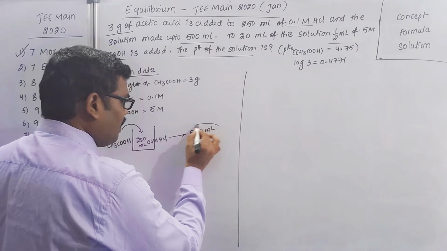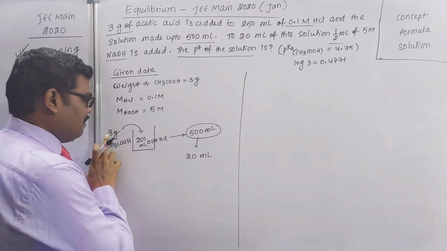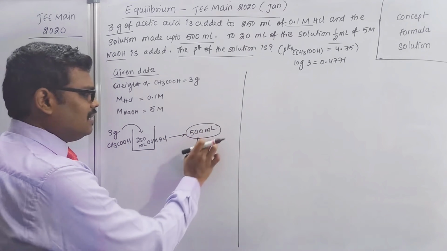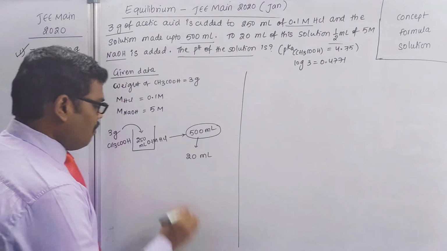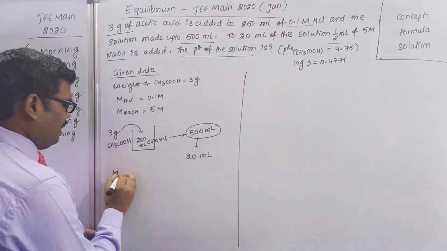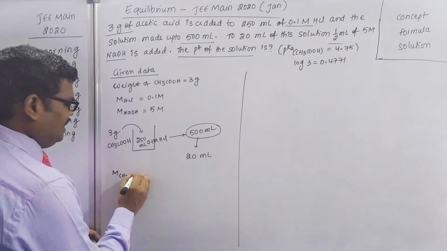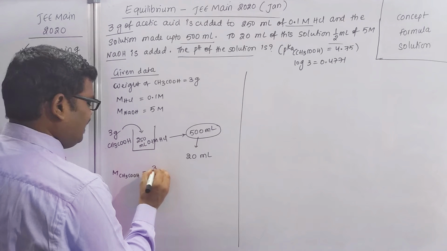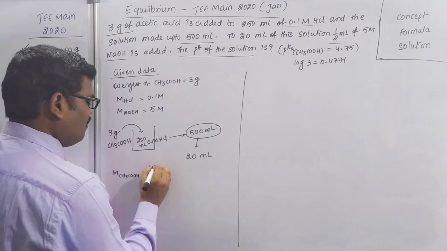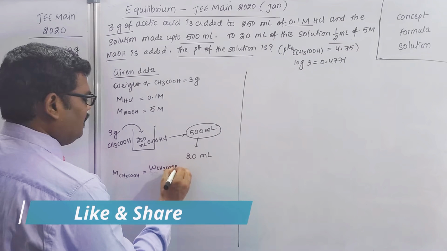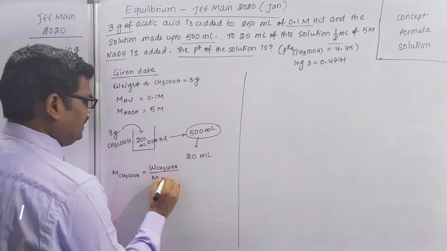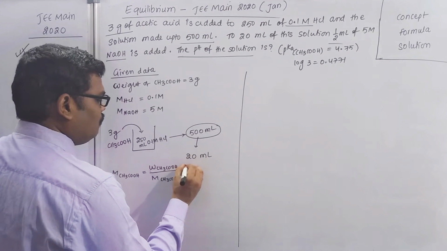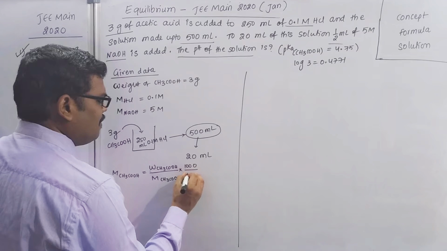First we have to calculate the concentration of acetic acid in 500 ml and the concentration of HCl in 500 ml. Now the molarity of acetic acid, CH3COOH, is equal to weight, 3, divided by gram molecular mass of acetic acid, into 1000 by volume in milliliters.